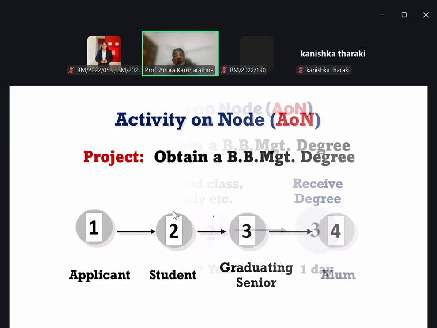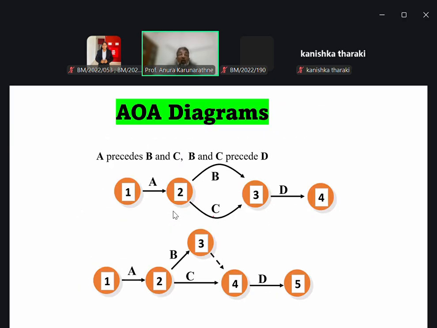Most of the time we are using the AOA diagram. It's the most popular one. Don't mix them.